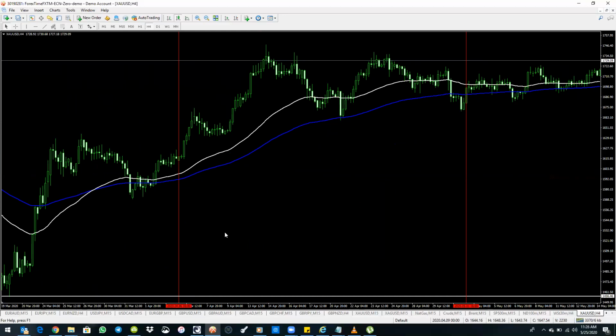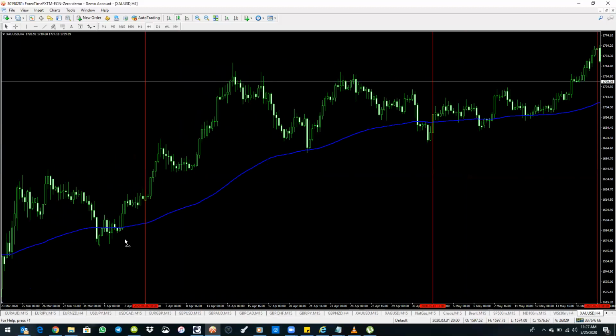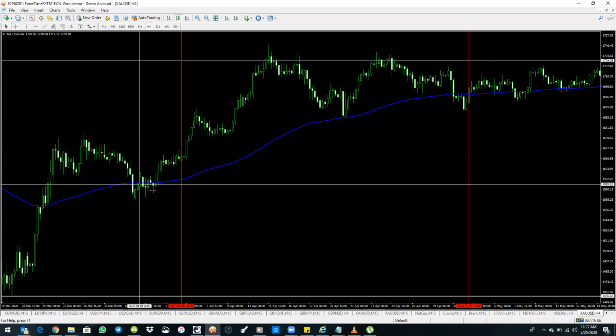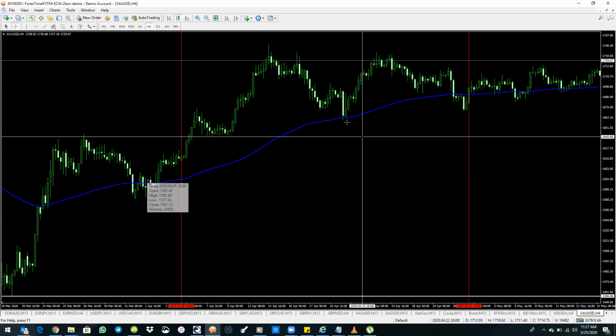You can see that when in an uptrend, let me remove the 50 period so that it doesn't confuse us. You can see that whenever price touches the 100 period moving average, there's a rejection.